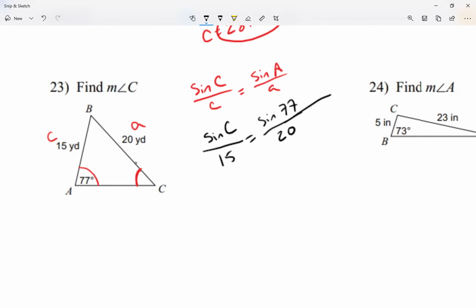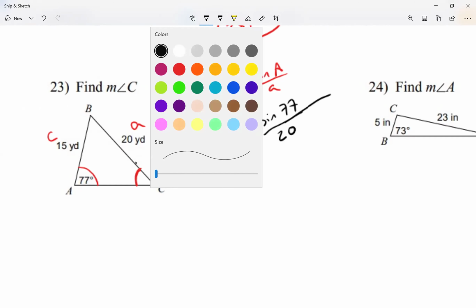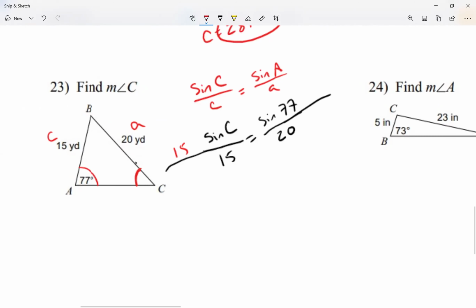If I extend my fractions here and I multiply both sides by 15, because I want these 15s to cancel out, I'm going to get that sine of C is equal to sine of 77 times 15 all divided by 20.